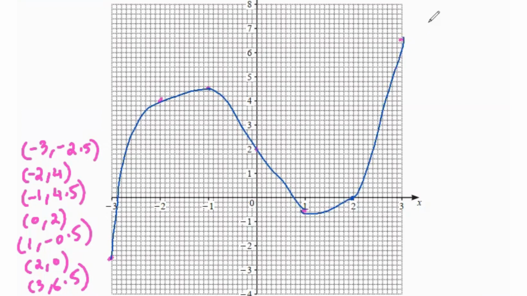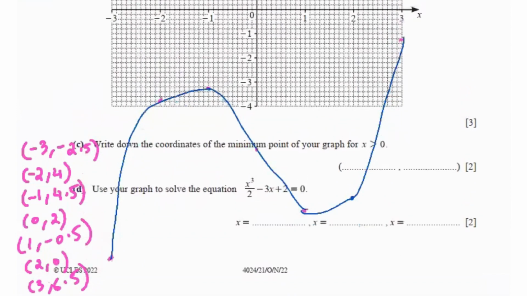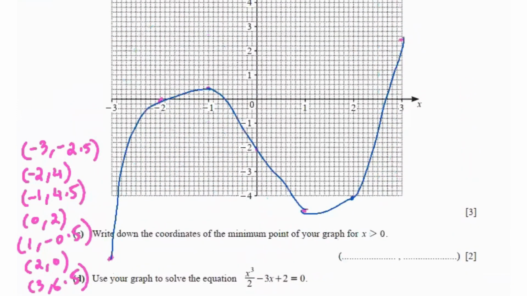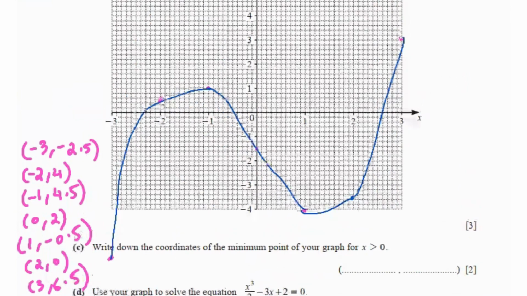Yep, that's a graph. So what are we supposed to find? Write the coordinates of the minimum point of your graph where x is greater than 0, and then use your graph to solve the equation x cubed minus 3x plus 2 equals 0.